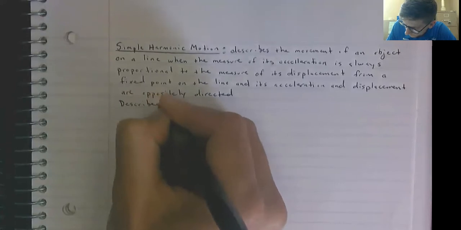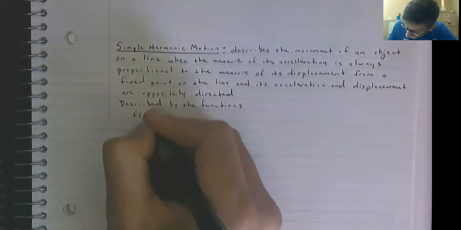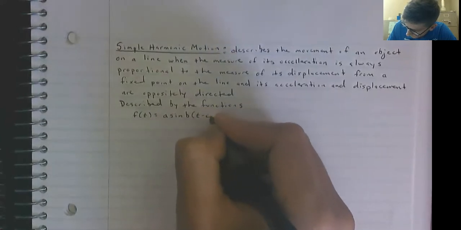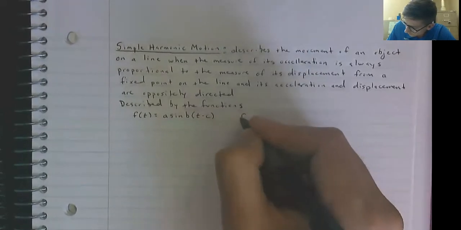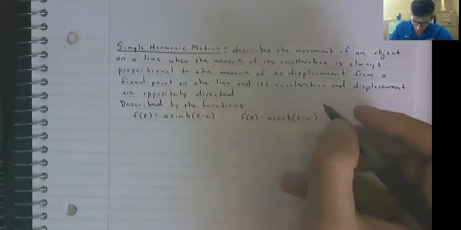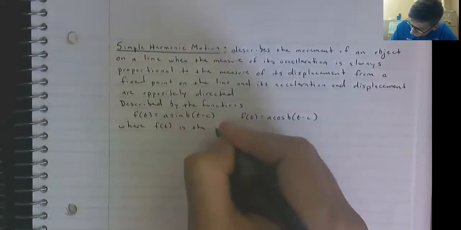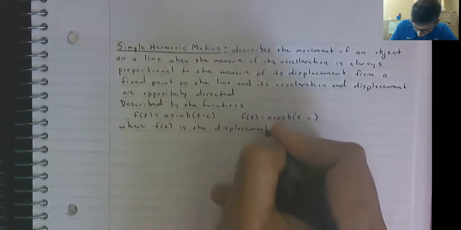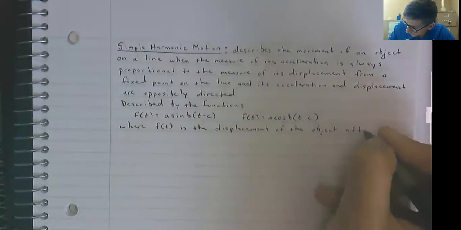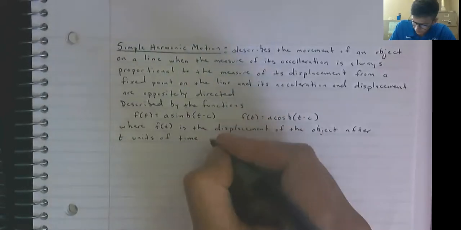So, described by the functions f of t is equal to a times the sine of b times t minus c, or f of t is equal to a times the cosine of b times t minus c, where f of t is the displacement of the object after t units of time, and a, b, and c are constants.